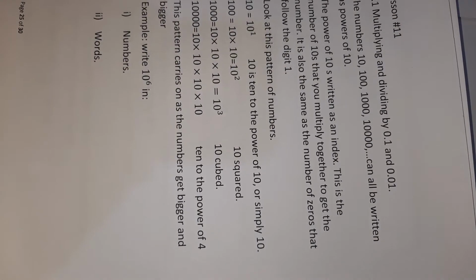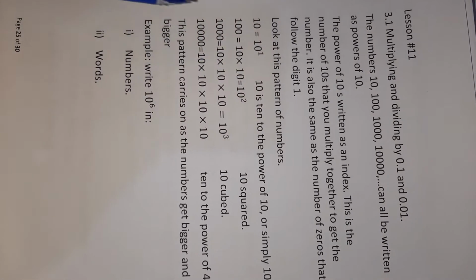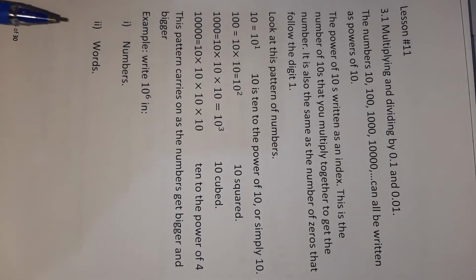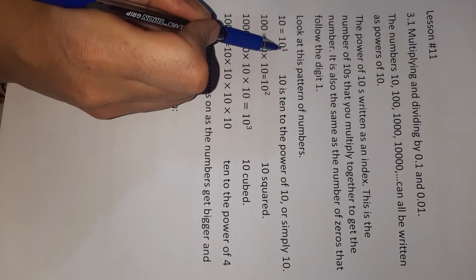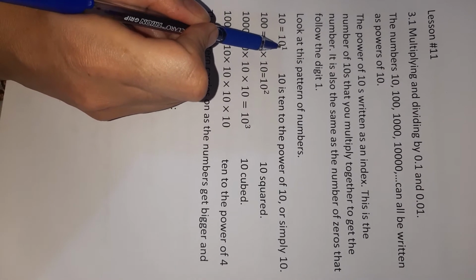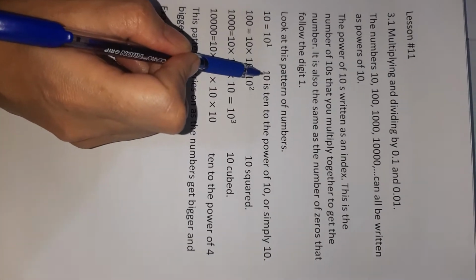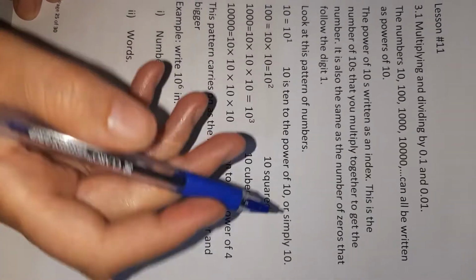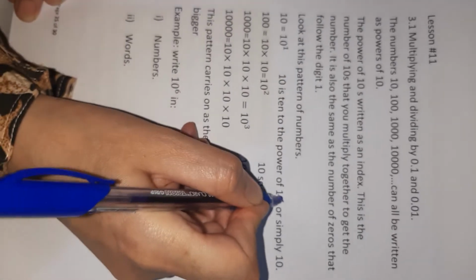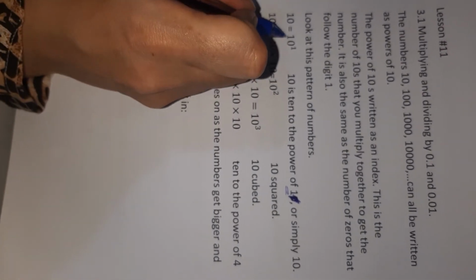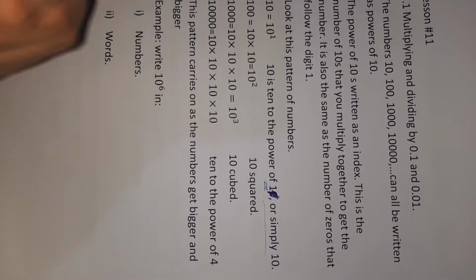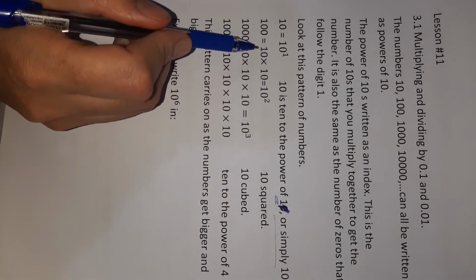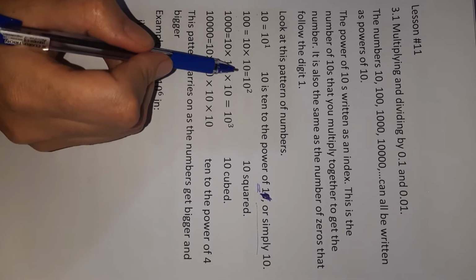To explain these things, look at this pattern of numbers. Here we have 10, which means 10 to the power of 1, or simply 10. 100 equals 10 times 10, which equals 10 squared.